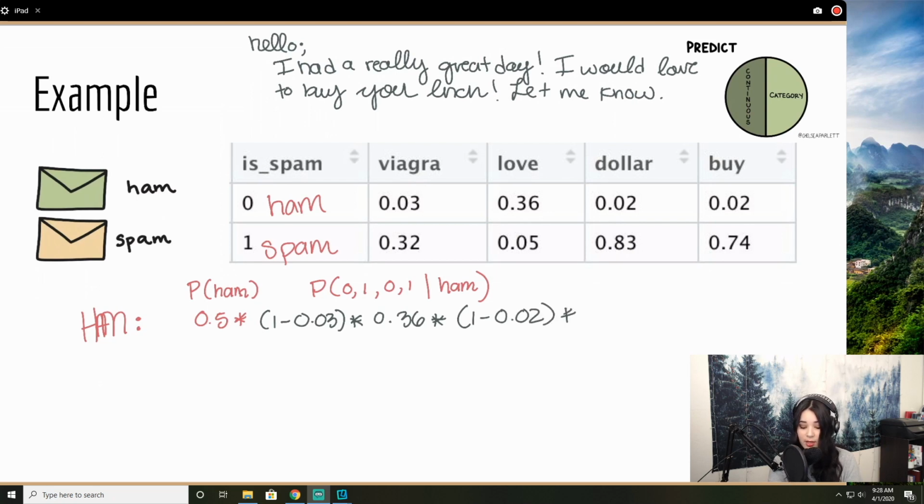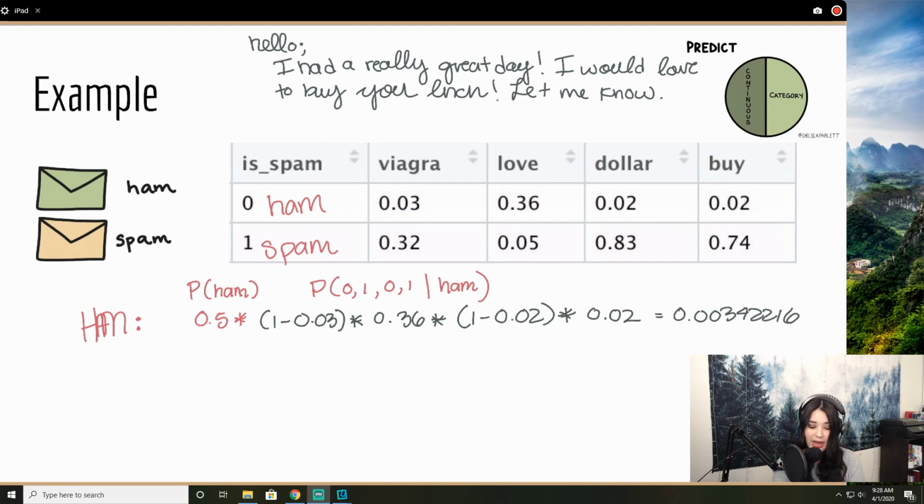And finally, we're going to multiply that by the probability of seeing the word buy, which is 0.02. And when we do all of those calculations, you can see that we get a score of 0.00342216. And remember, this is not the probability of an email being ham email. It is proportional to that probability.